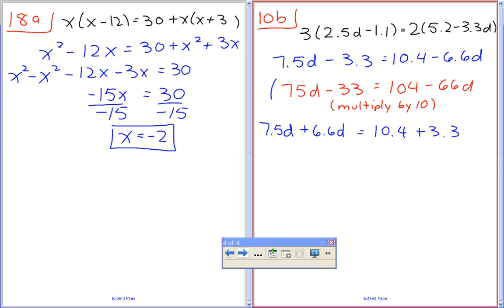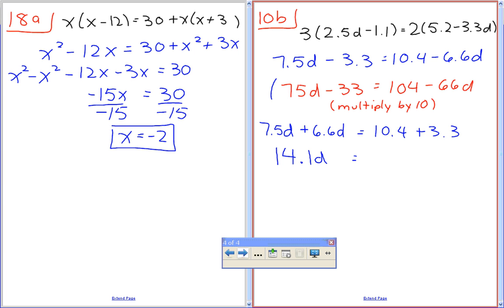All right, Leah, your turn. 7.5D plus 6.6D is equal to. Calculator time. We're on the paper. Good.